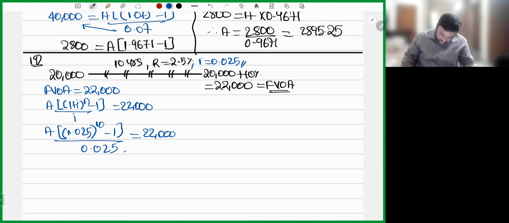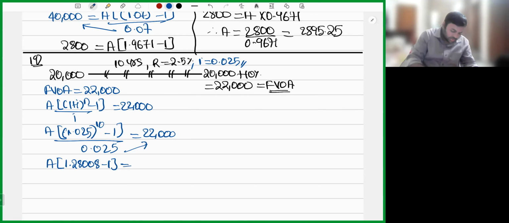Cross multiplication. The value of 1.025 to the power 10 is already given as 1.28008. So A into (1.28008 minus 1) is equal to 22,000 into 0.025, which gives 550.